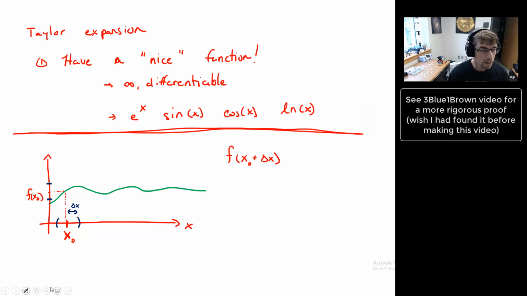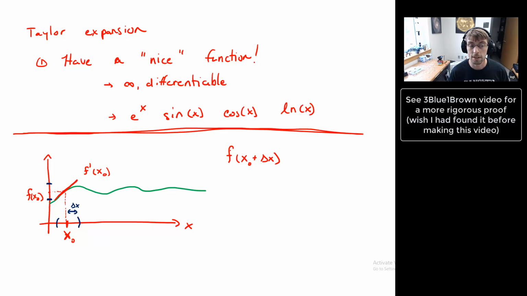Okay. Now, I'm sure you're probably aware, if I want to guesstimate the value of the function given a small variation in the value of x, one way to do that is to look at the slope of the function. If I take the slope of the function, f prime, at x naught, that gives me an idea about how quickly the function is changing.